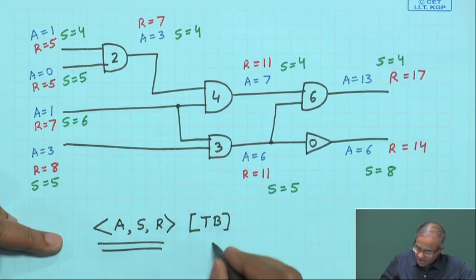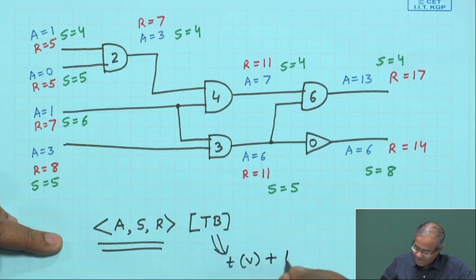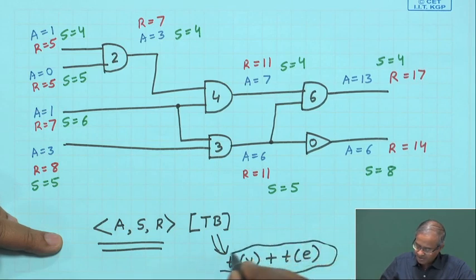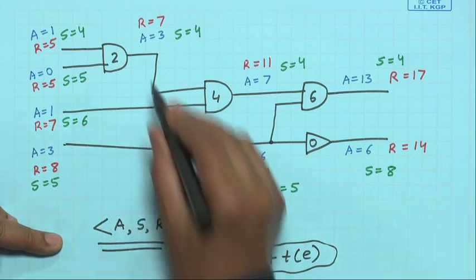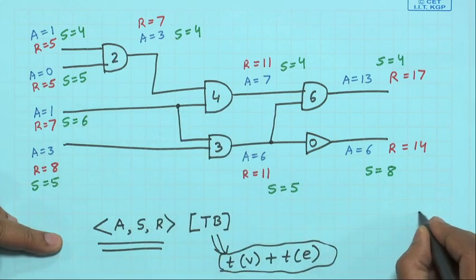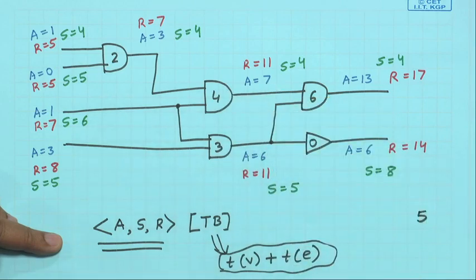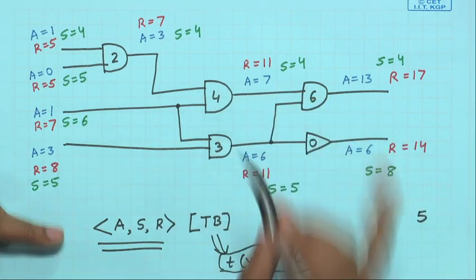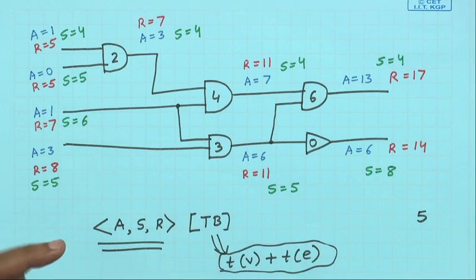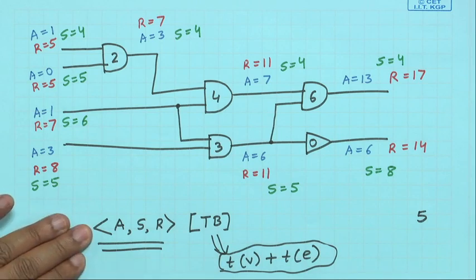That timing budget will indicate the delay of the gate plus delay of the output net. So we are considering them together. Suppose I find that for some node TB has been calculated as 5, so my gate delay plus the net delay total has to be 5. That way I will have to adjust it. Now this is the notational convention, right.